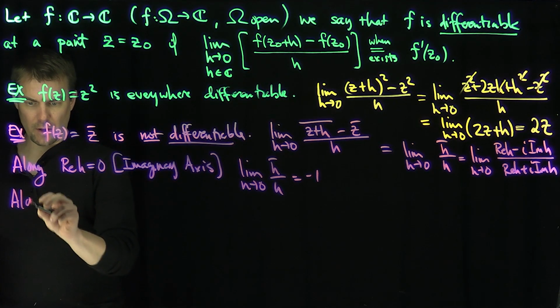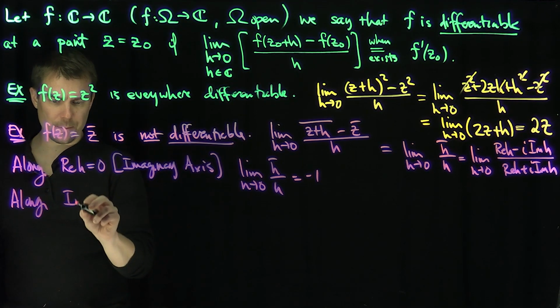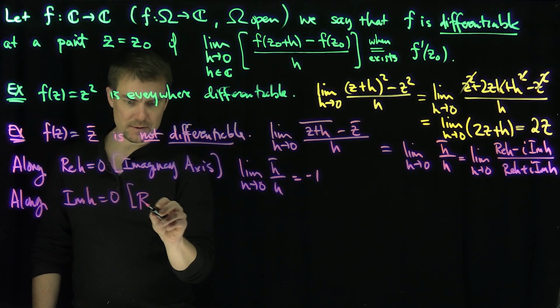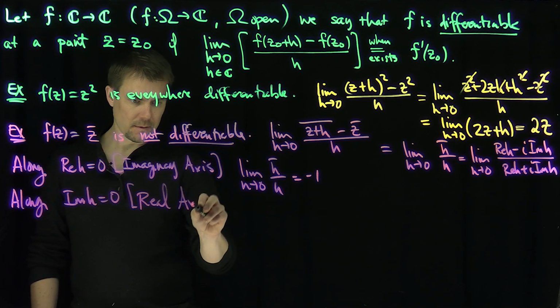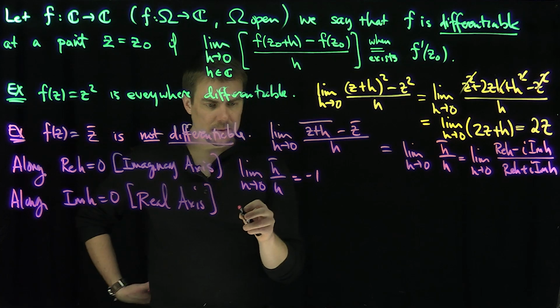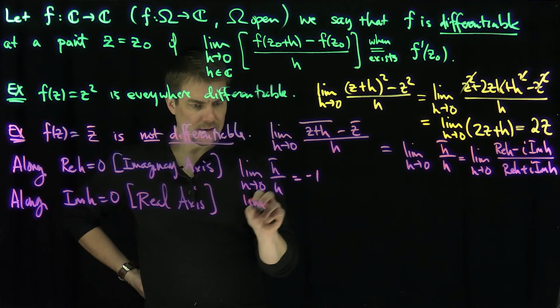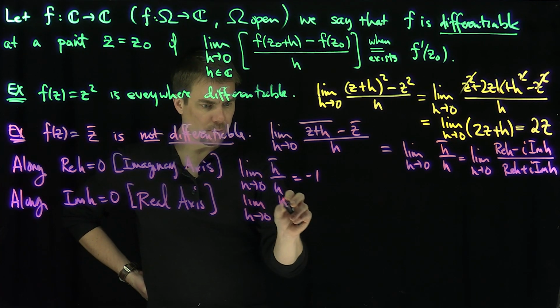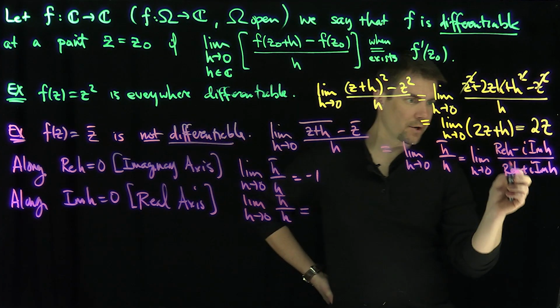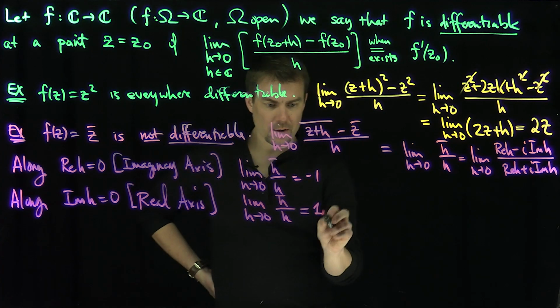Along the trajectory where the imaginary part of h is equal to 0, which is of course just the real axis, the limit as h goes to 0 of h bar over h is real part over real part, which is equal to 1.